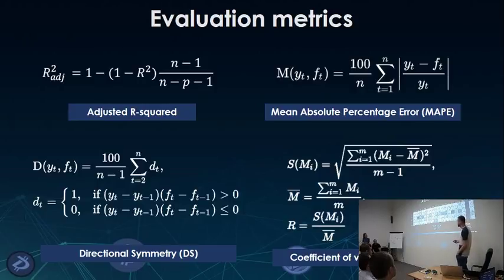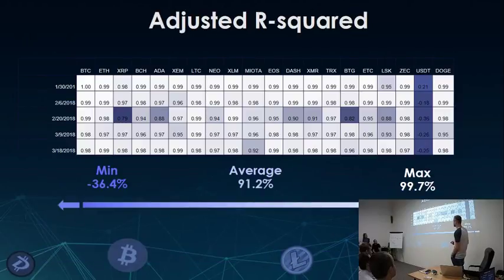Here the color scaling shows the minimum being the worst and the closest to 100% being the best, the whitest being the best adjusted R-squared. You can see that we obtained quite a good result in terms of this coefficient, even though on some days the model didn't perform that well, with an average of 91.2%.